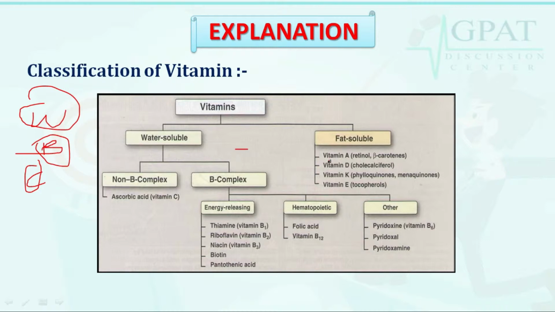Just learn ADEK. They are fat soluble, and their chemical names are retinol, calcitriol, phylloquinone, tocopherol. So students, just try to learn this classification, and the correct answer is vitamin C is not a fat soluble vitamin, it is a water soluble vitamin. Here we have just explained.